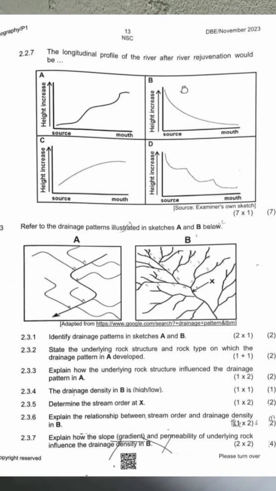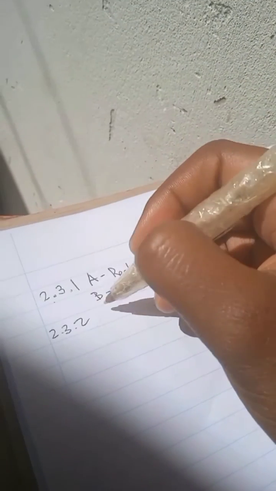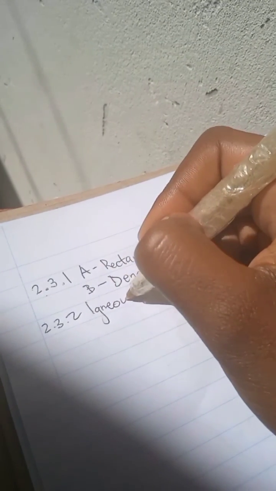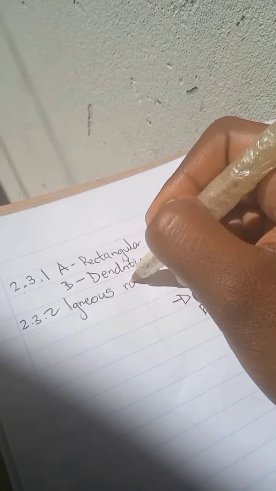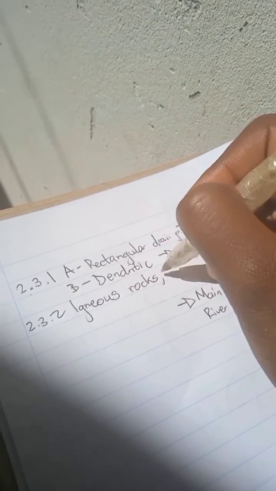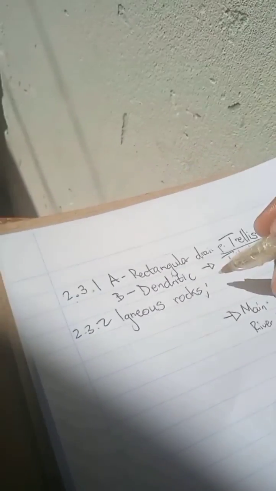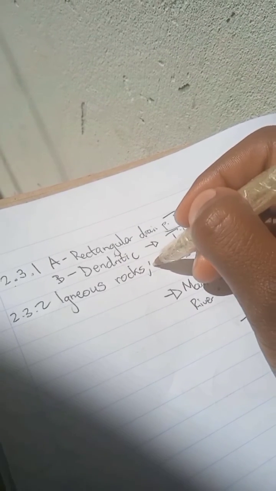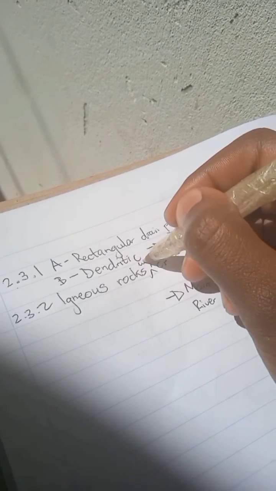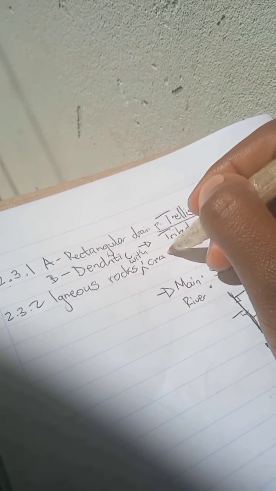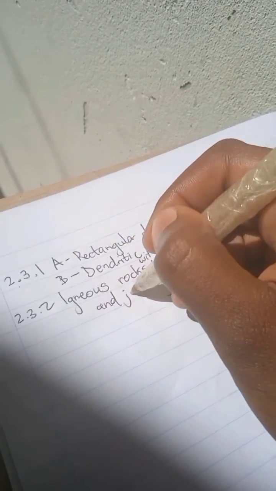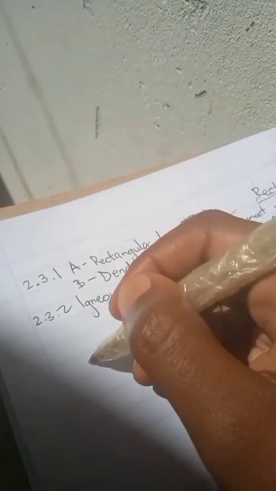A, or rectangular pattern, usually develops on igneous rocks. And the rock structure, igneous rocks that have cracks and joints. That's the structure, cracks and joints. So that's the 2 marks there.